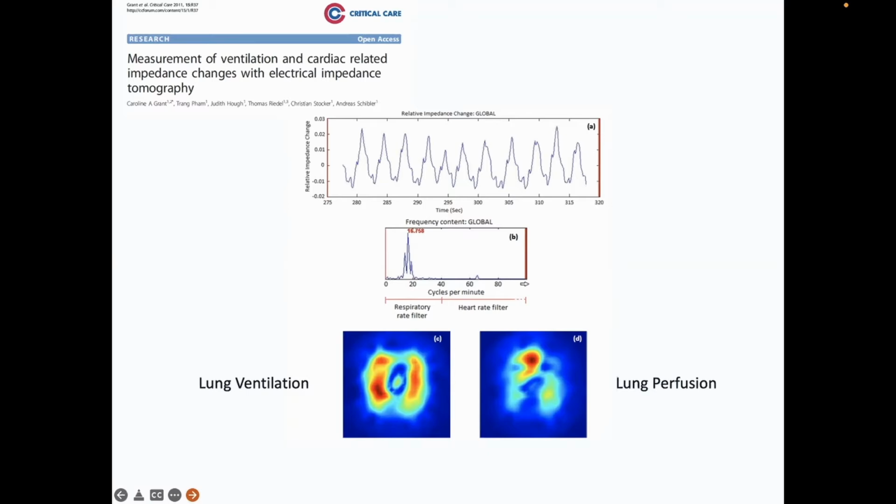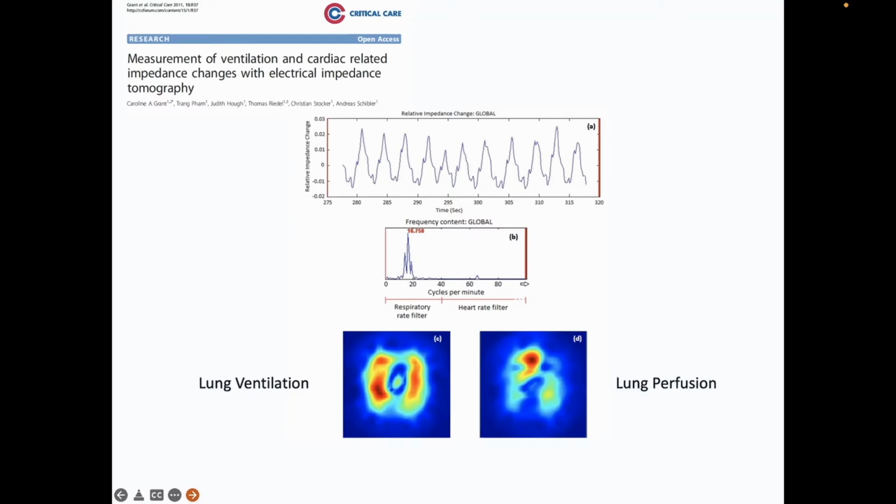The respiratory cycle has these little notches, and that's due to the cardiac impulse or the perfusion into the lung. And if you separate now in a mathematical way the two signals, you can see in the lower panel the lung ventilation on the left side. These are the left and the right lung, like a CT scan, cross-sectional image of the lung.